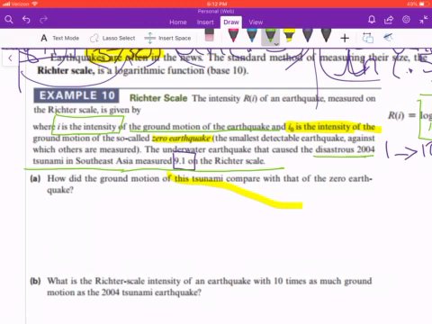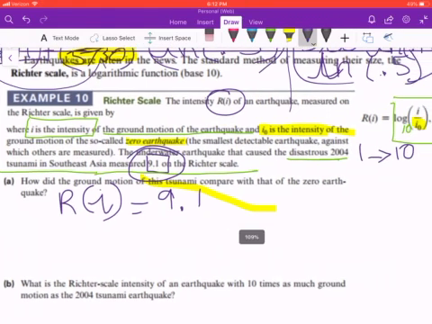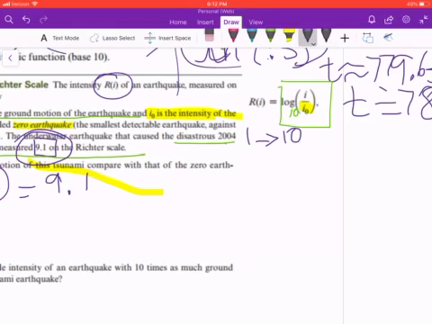So the first question here says, how did the ground motion of the tsunami compare with that of the zero earthquake? So in this case, we can compare, I'm going to use R for the output of the function. So the Richter scale, R of I is equal to 9.1, which is what we have here. By the way, we will be using this formula.